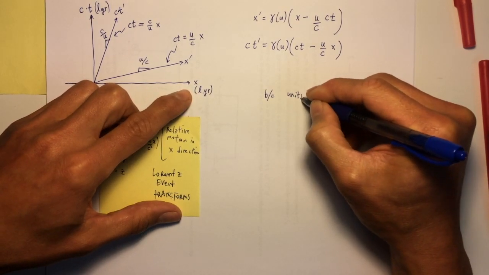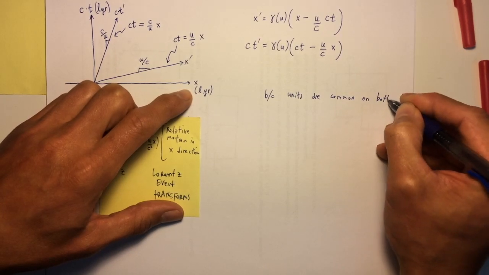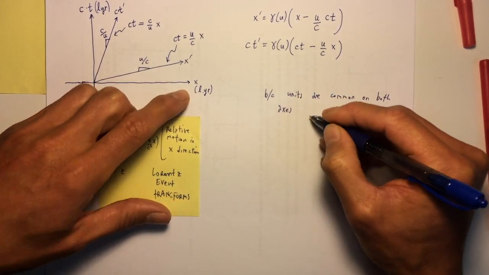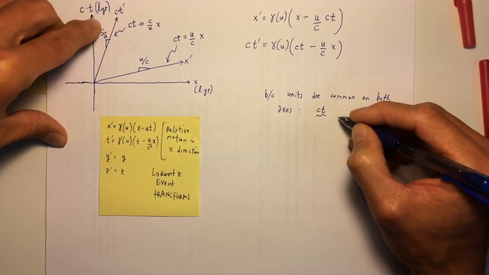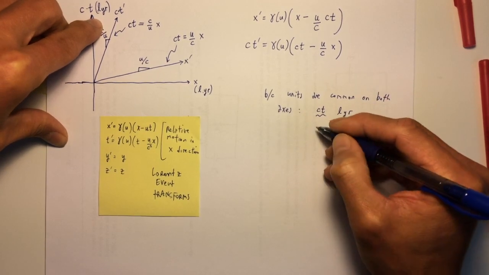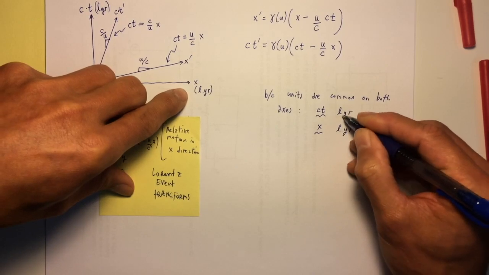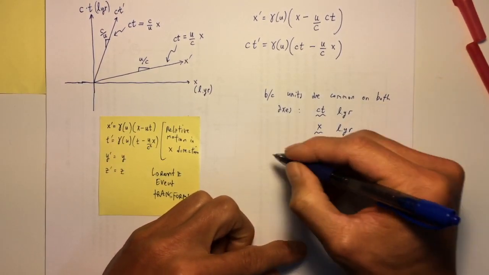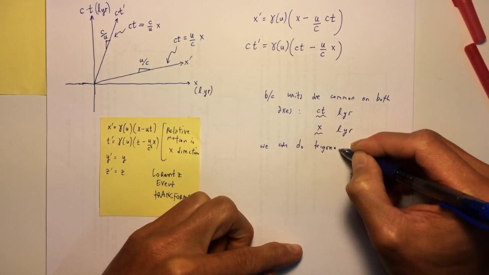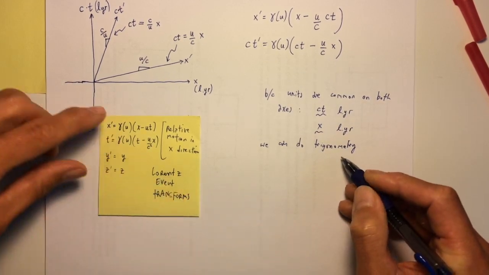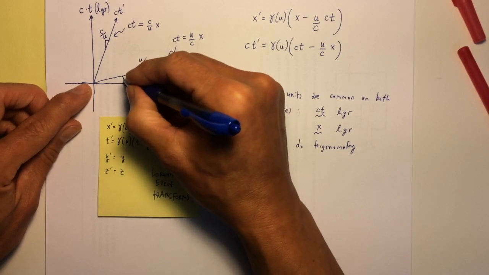Okay, so what that does is, because units are common on both axes, what I mean by that is the CT units are light years and the X units are also light years, right? We can do trigonometry. So what you can do here is you can say that there is an angle.